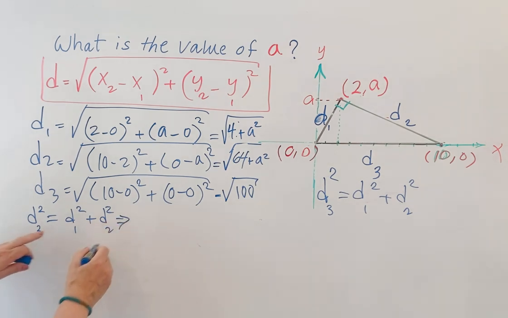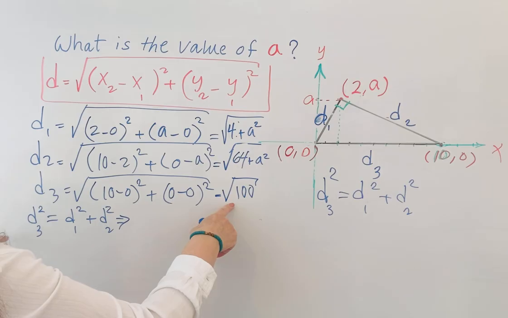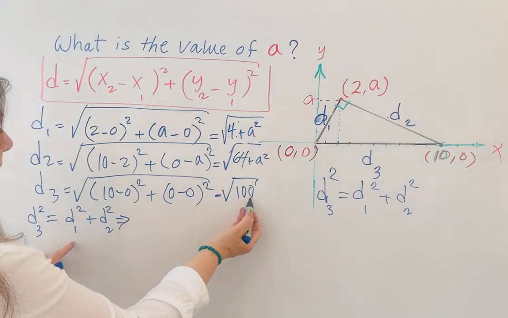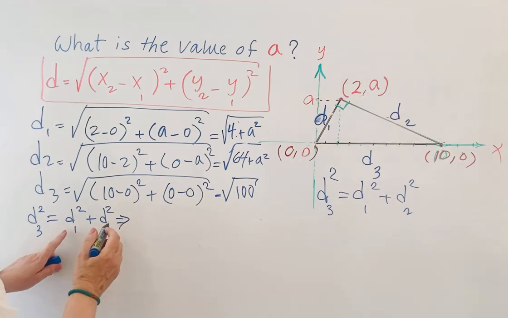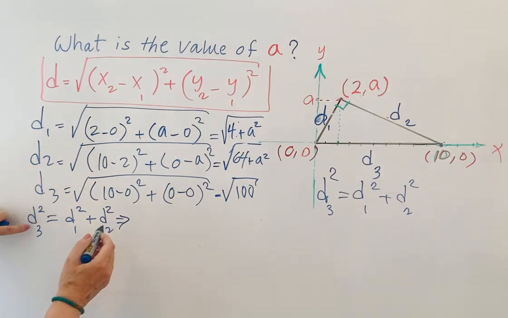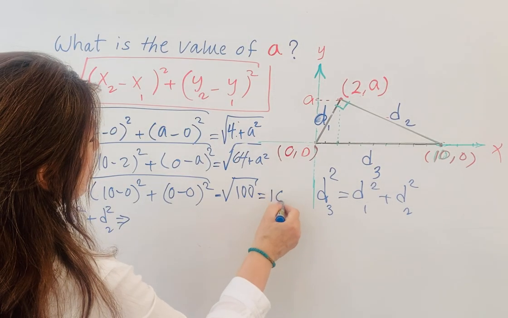This implies this one squared. The square root of 100 gets 10 actually, right?